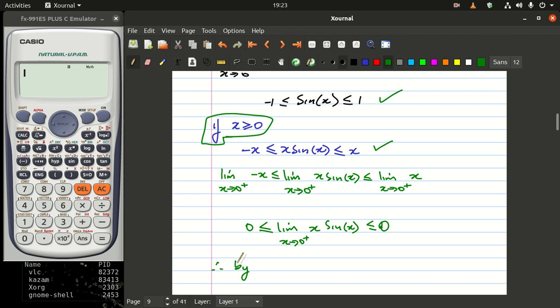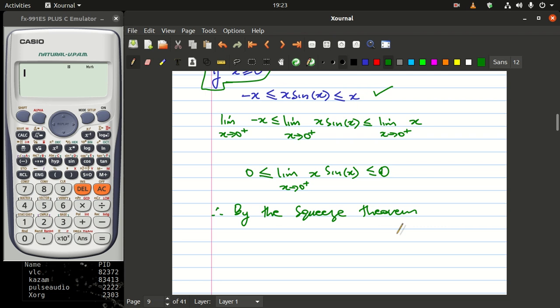Therefore, by the squeeze theorem, I have the limit as x approaches 0 on the right of x times sine of x is equal to 0.